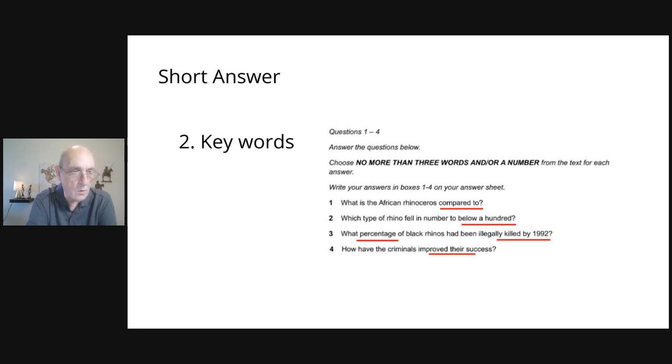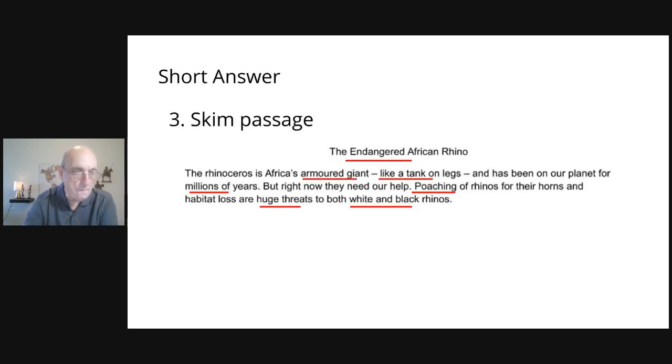And then we go and we use our skimming technique to identify keywords in the passage. And for the purposes of this lesson, we're only looking at small portions of the passage at a time. But when you've looked at the first set of questions and then you go to skim the passage, you do the entire passage at once.